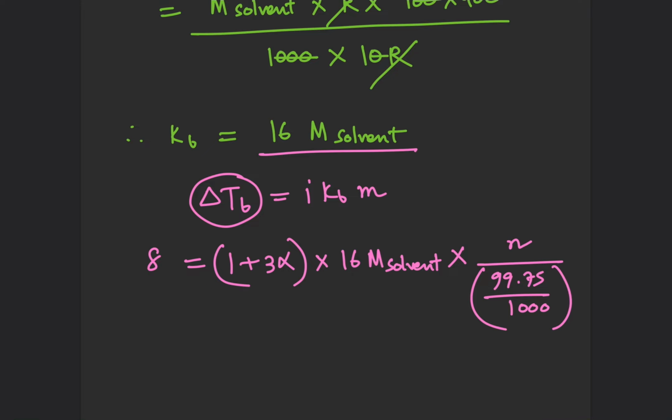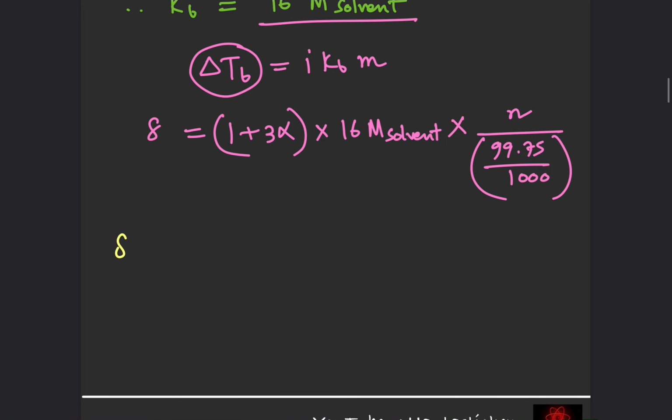This is the number of moles of solute, and in the denominator we have the mass of solvent in kg. So 8 will be equal to 1 plus 3 alpha into 16 times M solvent into the number of moles of solute, which is given mass by molar mass.